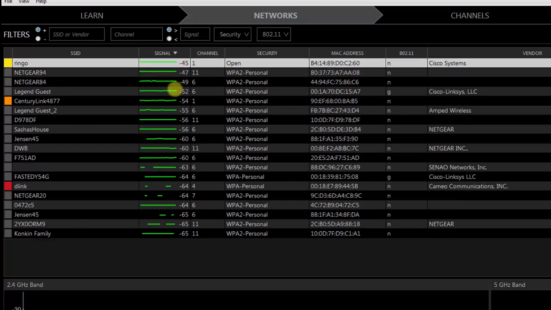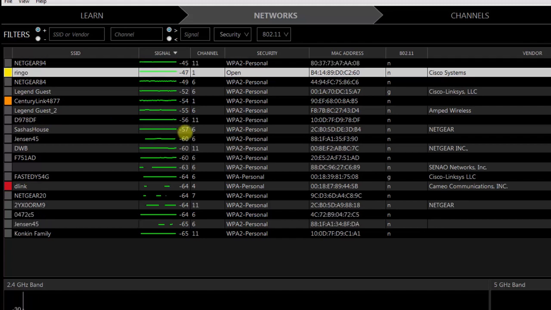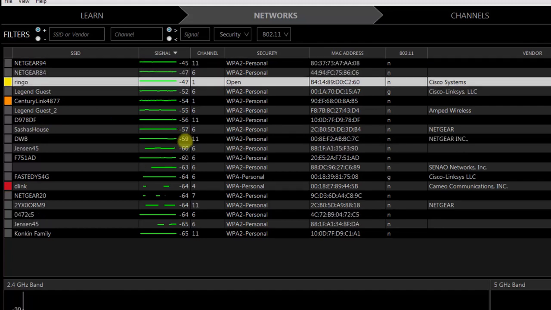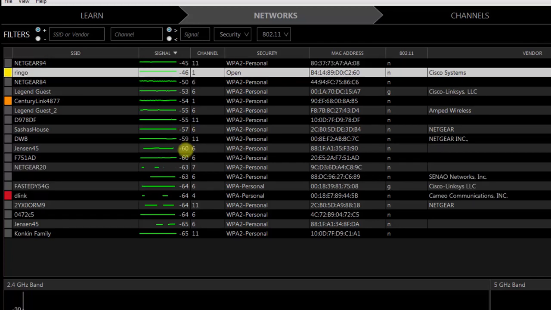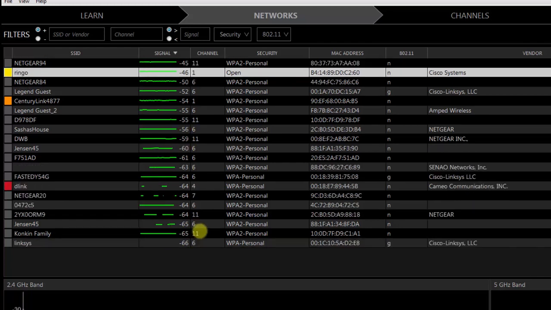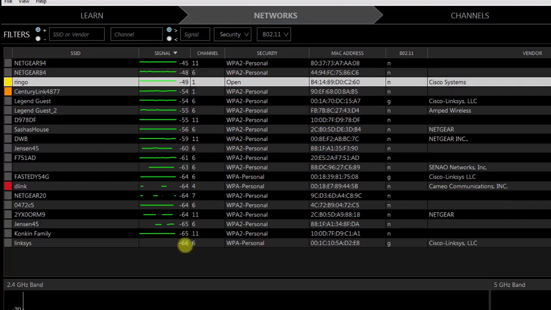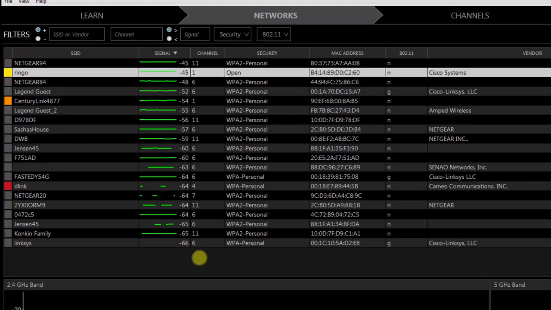Now, if you look right here at Sasha's house, that's a -56. That's weaker, but still relatively strong. And then the farthest away here is a -66. Those are the weakest signals.